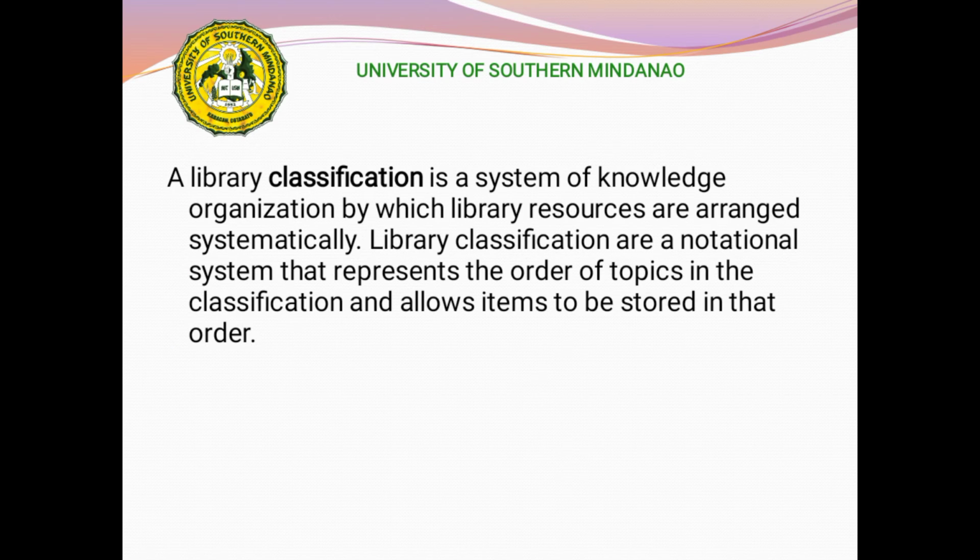And next, a library classification is a system of knowledge organization by which library resources are arranged systematically. Library classification is a notational system that represents the order of topics in the classification and allows items to be stored in that order. Library classification systems group related materials together, typically arranged as a hierarchical tree structure.